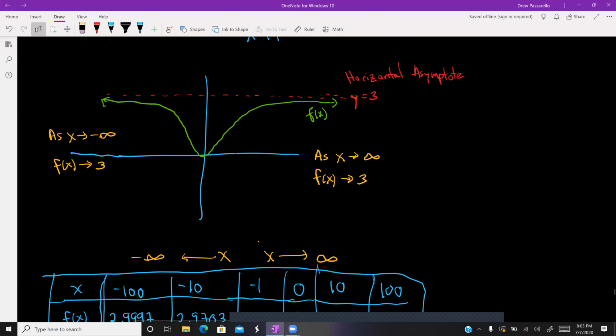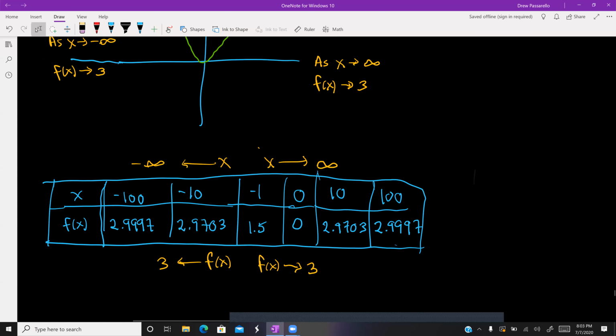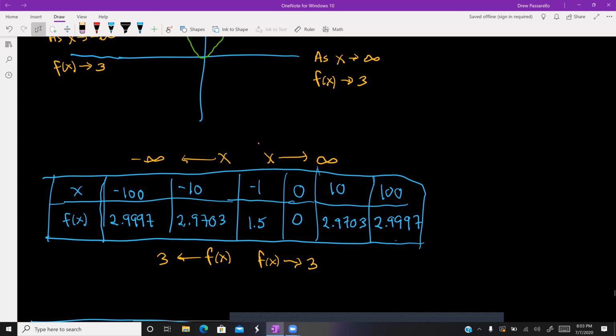So there's that y-axis symmetry, which is why you see the y-coordinates of the points for -10 and -100 being the same values as the y-coordinates for +10 and +100. And if you notice for -100, that's getting more and more negative, the y-coordinates are getting closer and closer to 3. So for -100, it's 2.997.